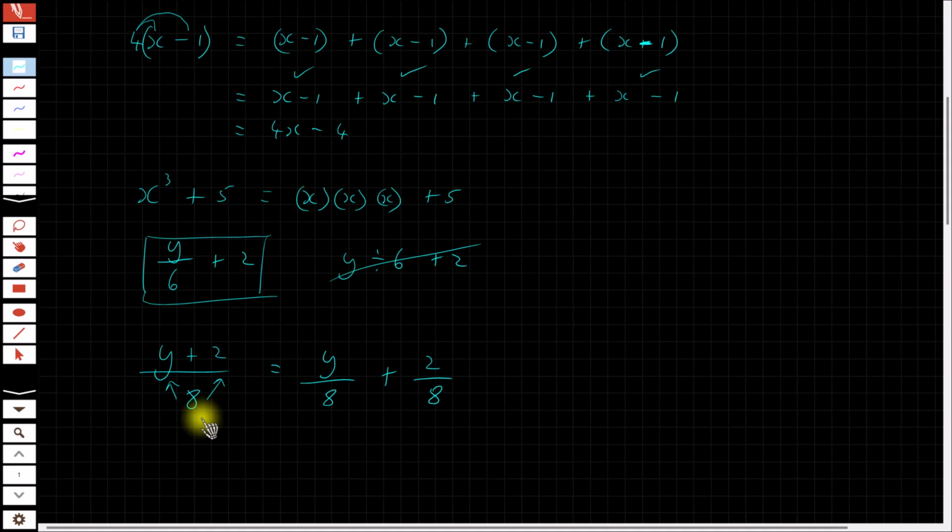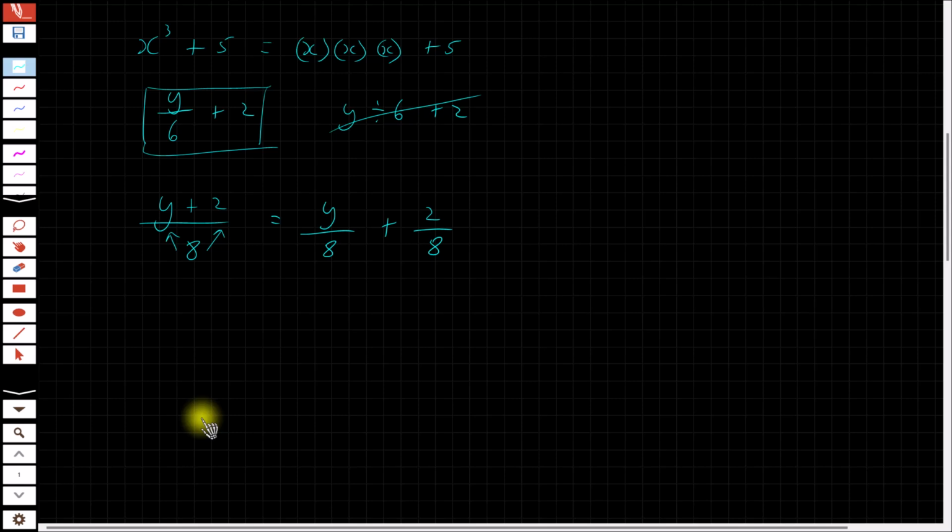We also have other conventions we use. One other convention we use is that a variable to the power of 1 is itself. We also have 0 plus anything is equal to the same thing.